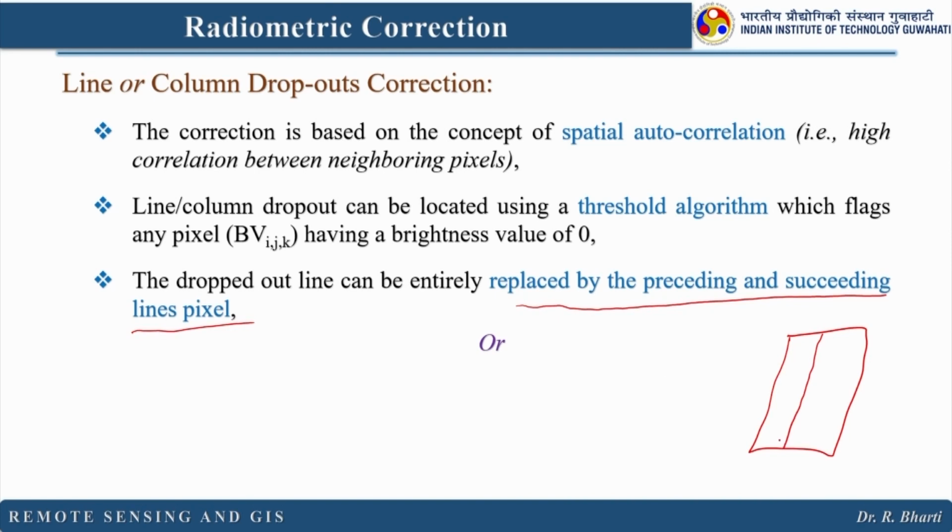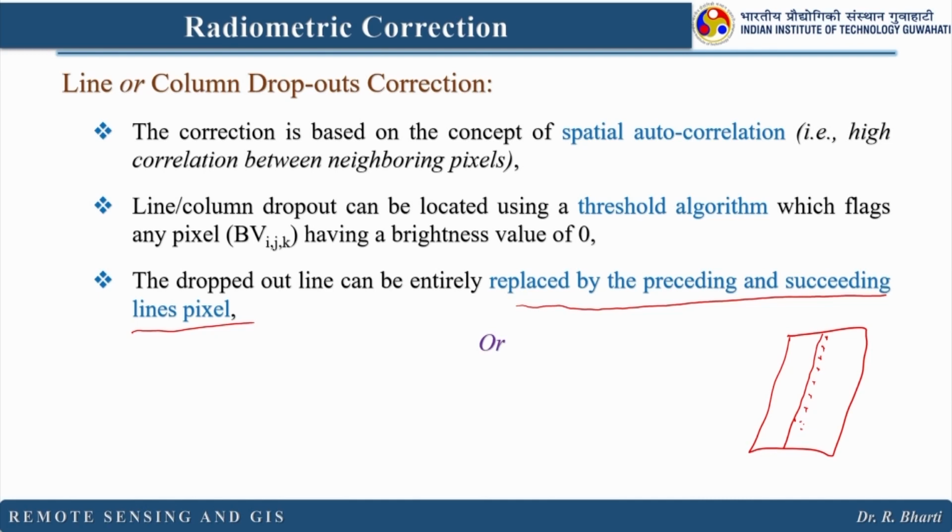Suppose this is your line or column dropout problem. You take the before or after pixels, and then you can simply put that value here. If this area is homogeneous, then it is fine, and you replace the pixel with the next pixel value.